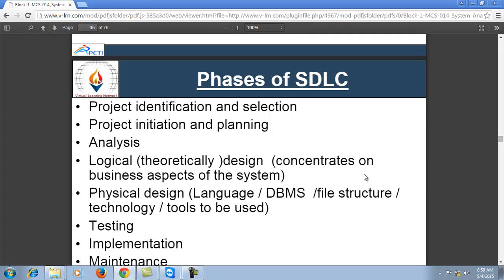So planning involves designing, and designing involves development of the ER diagram, development of the database, development of tables, development of DFDs, flow chart, process logic. All the paperwork comes under the category of designing.